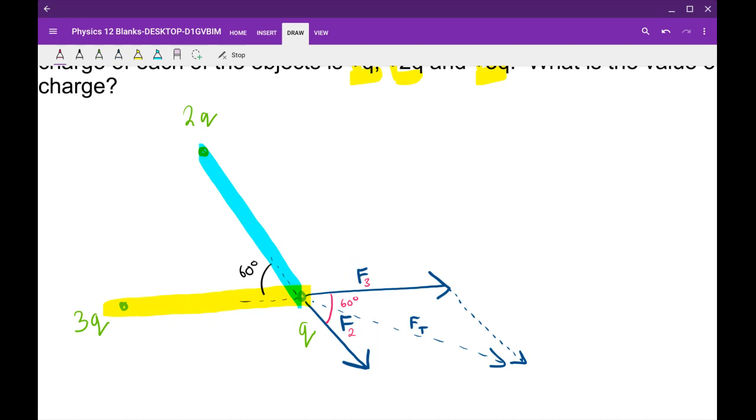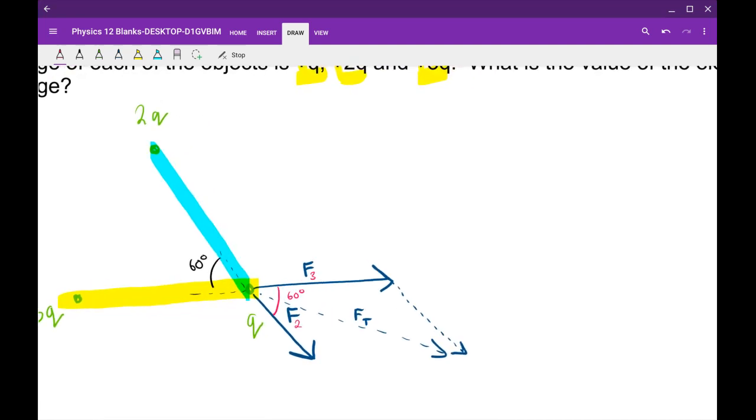And I'm even going to drop the E because in the end, I've got only electrical forces here. I don't have gravitational forces. I don't have anything else going on. And so there's no reason to even delineate the fact that it's an electrical force. So basically what I need to do is take F2 and add it to F3.